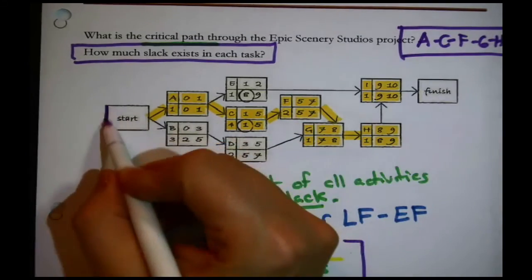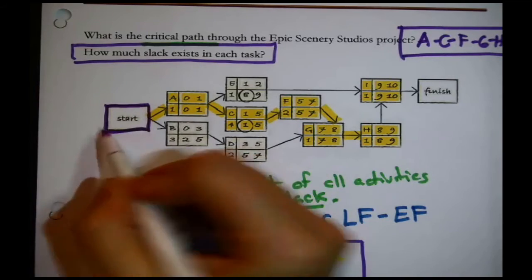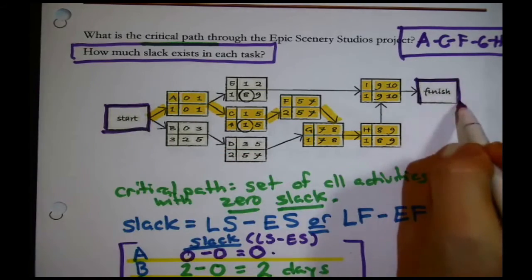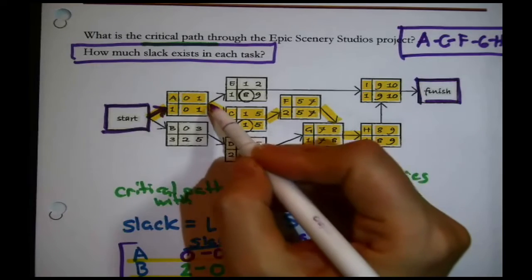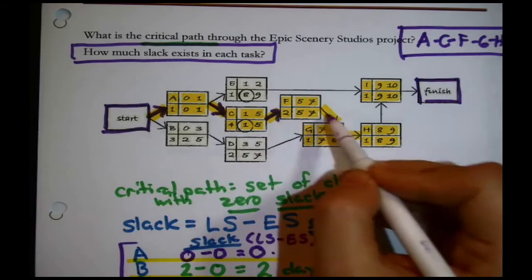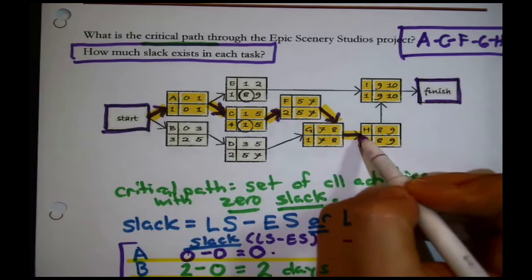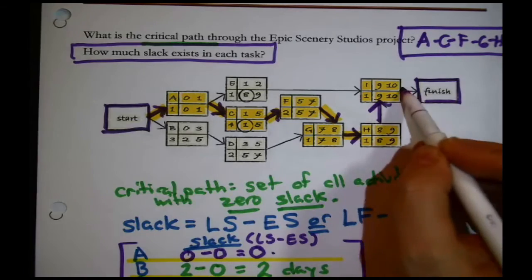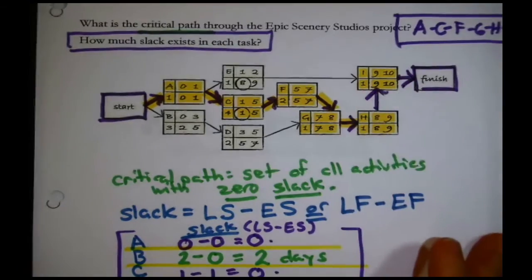A path is any route from start to finish. And if you connect those particular letters, they connect perfectly, one path from start to finish. That is the path that is 10 days long, that loosely speaking is causing this project to be 10 days long.